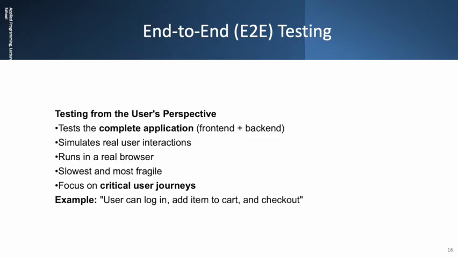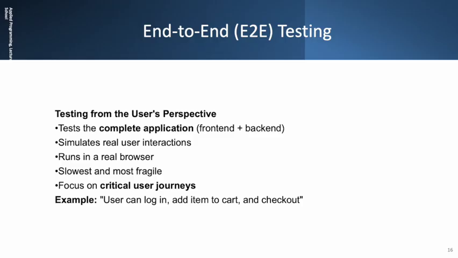This test touches everything: your Angular frontend, all the CSS and JavaScript, your ASP.NET Core API, your database, possibly payment gateways, email services, and more. It's testing the complete user journey.